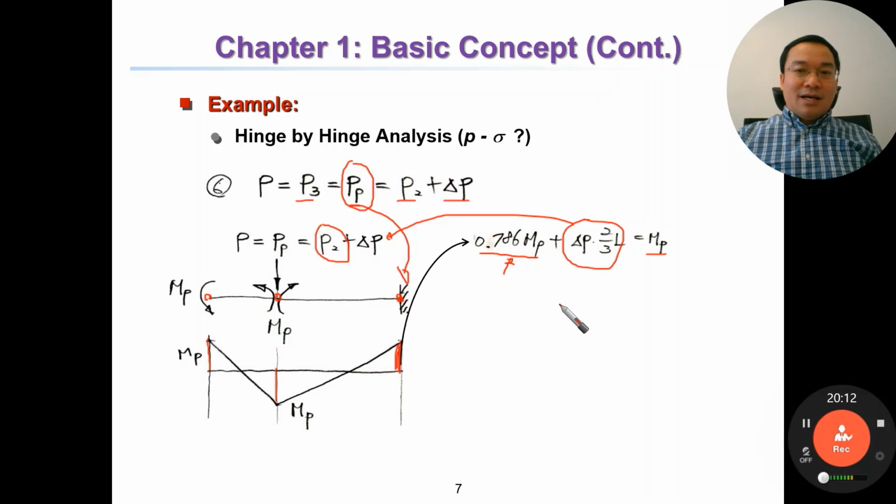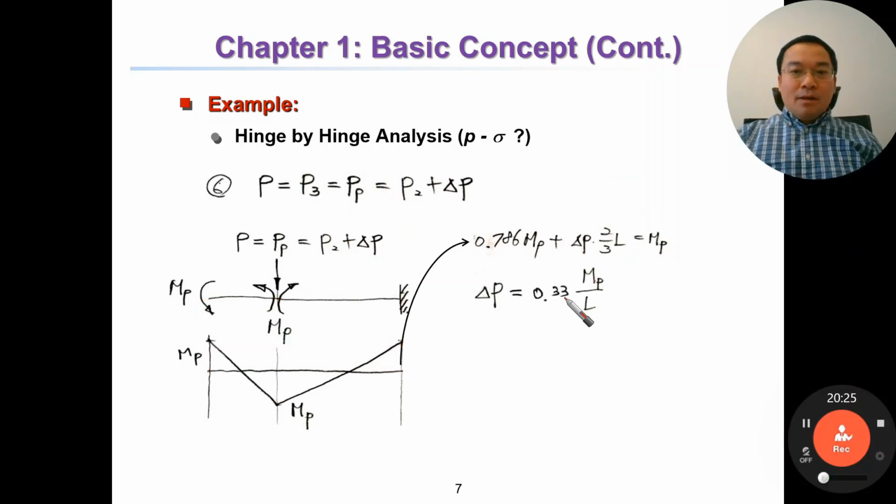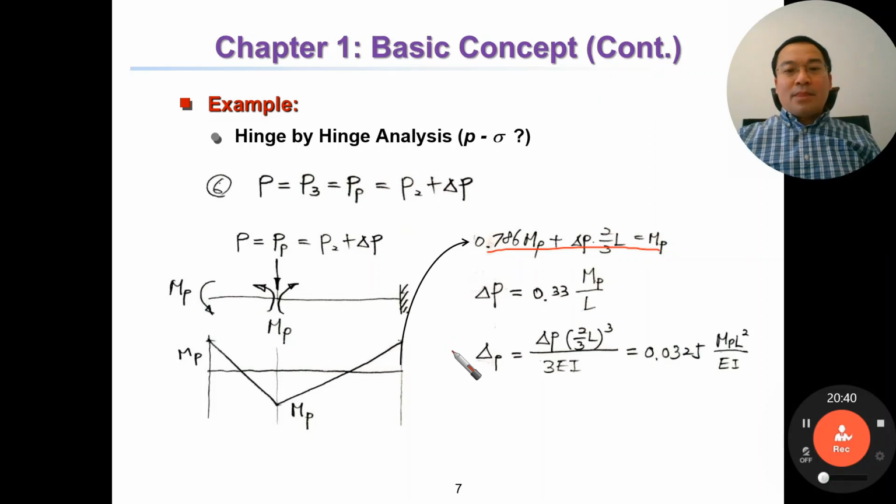And the moment here now equals MP. We assume it is the third hinge. So from this equation, we can determine ΔP now. ΔP equal to 0.33 MP over L. From this equation, we can calculate MP as a function of P and L. Very simple.